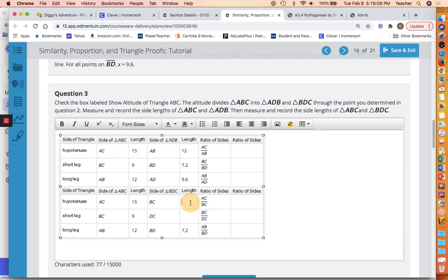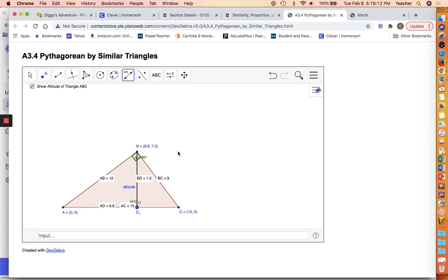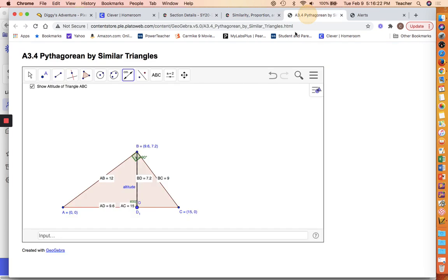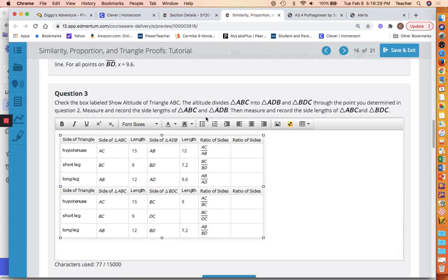All right. What do I got next? Gotta find BC. Oh, I've already got BC. BC was 9. And DC, I haven't gotten that one yet. D to C is 5.4. So putting in 5.4.